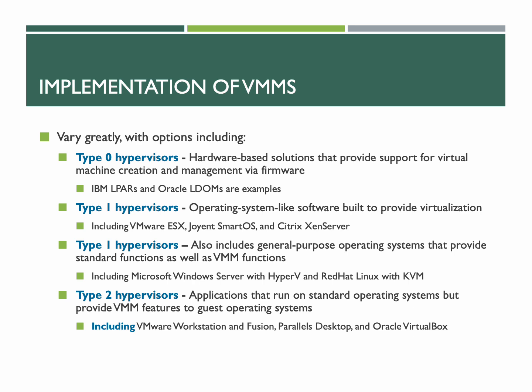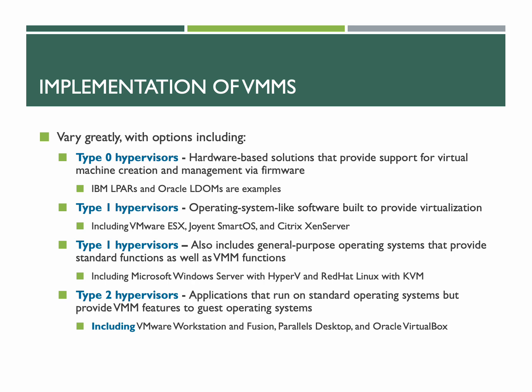Next, we have Type 1. It's known as bare metal hypervisors. These operate directly on top of the hardware. They offer robust performance and are typically used in enterprise environments.